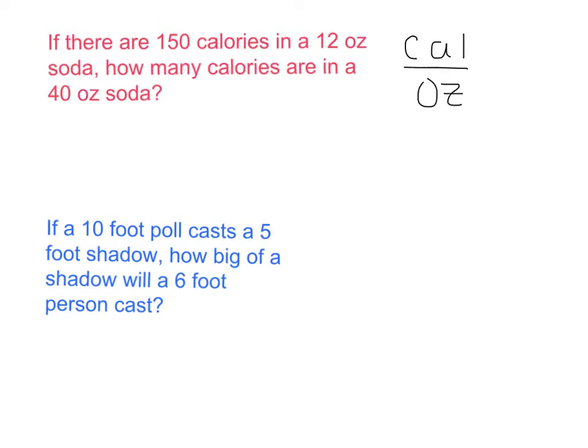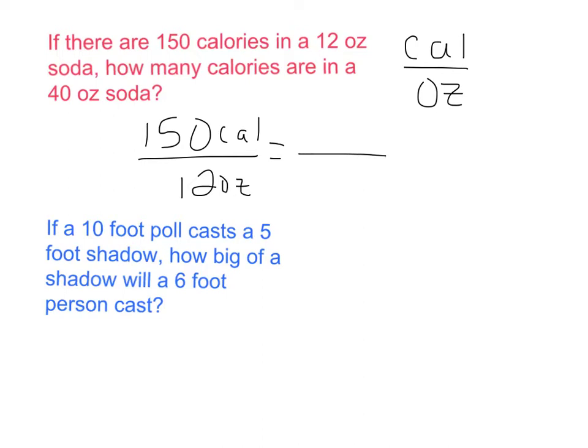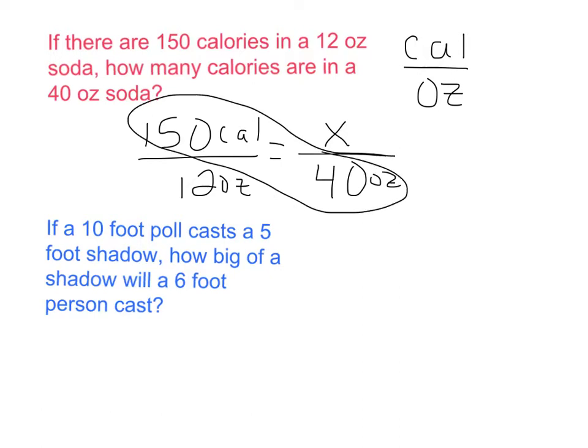Okay, so the first soda is 150 calories for 12 ounces. And we're going to set that equal to our second soda, which we don't know the number of calories, so that's going to be our variable x, and then 40 ounces is going to go on the bottom. Okay, and we know how to solve a proportion with cross multiply.